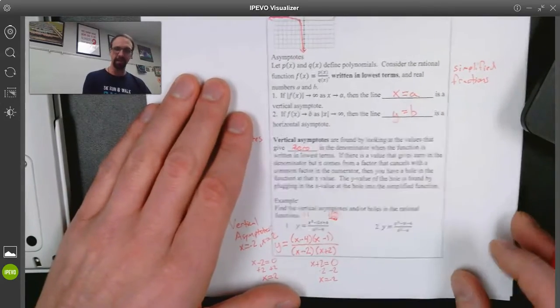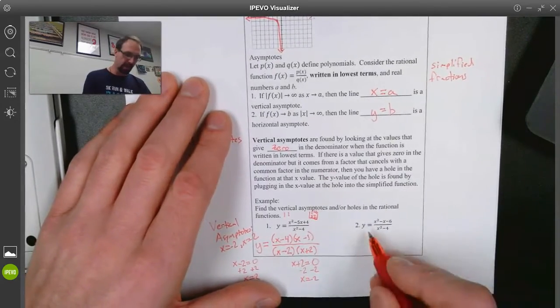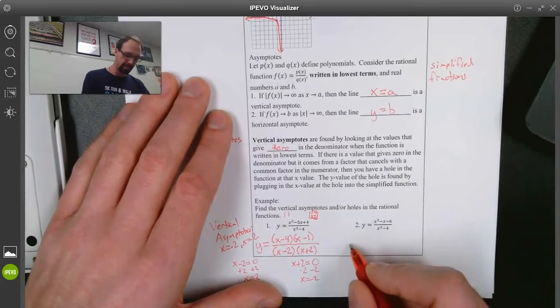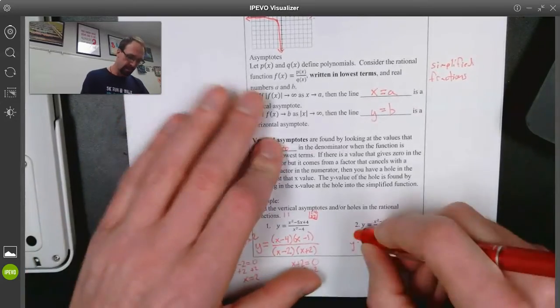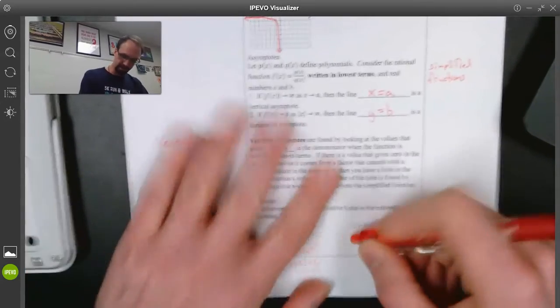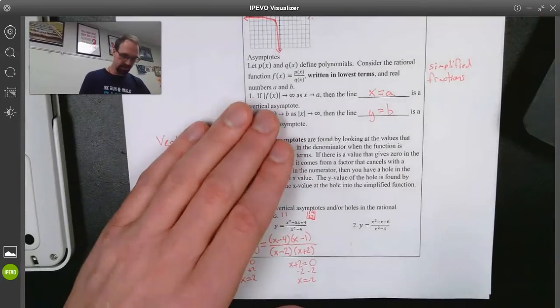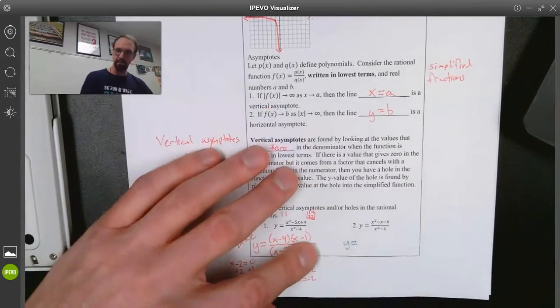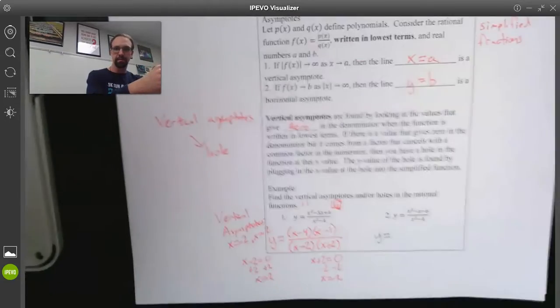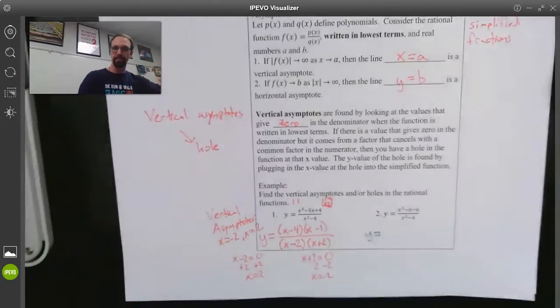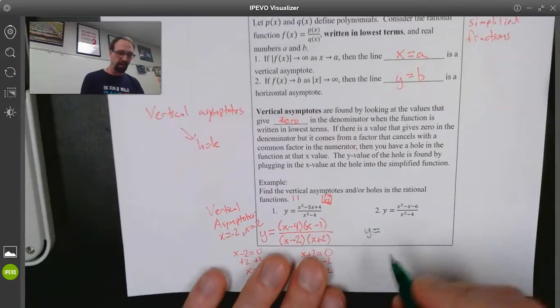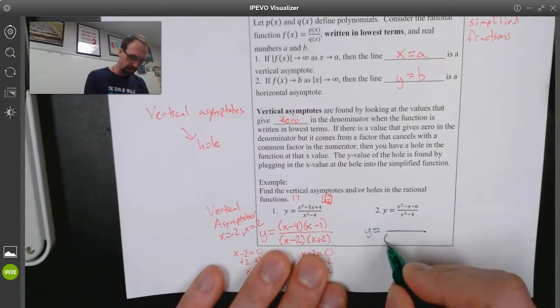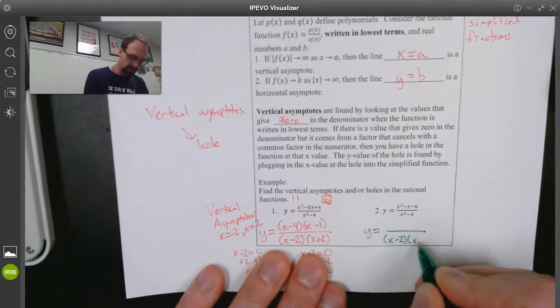For this example over here, number 2, the denominator is the same. I'm going to use a different color so you can see it easier. So I have y equals, and in this case my denominator, as I said, is the same: x plus 2 and x minus 2.